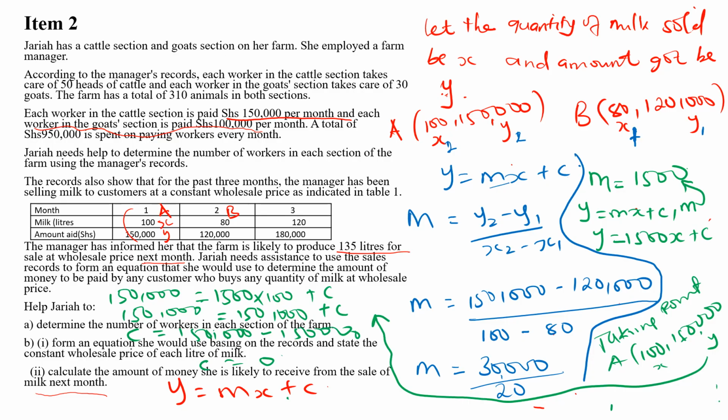So here I would get our equation as y is equal to 1,500x plus c, but our c is equal to 0. Then reaching here, still you do it the other way. If you have x now as 135, then you can substitute and get the value of y. So this equation, you do it using ratios and proportions, at the same time, the equation of a straight line.